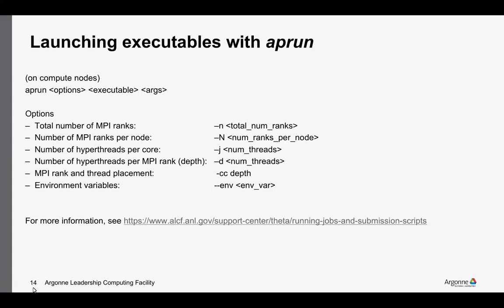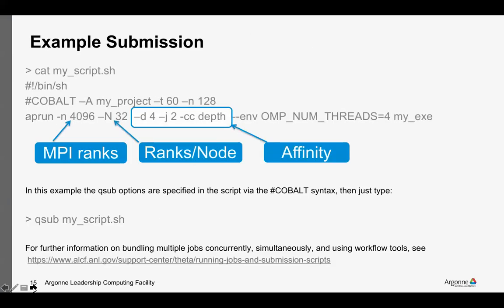And an example of putting all that together is here. So the job script might look like this. There's the aprun command with the number of MPI ranks, the ranks per node, and then the threading is described with -d and -j, and the affinity depth. And the binary here would be an OpenMP binary, so it needs the environment variable OMP_NUM_THREADS. So in this case, you want OMP_NUM_THREADS equals 4 to line up with the -d 4. So the binary needs OMP_NUM_THREADS and aprun needs -d.